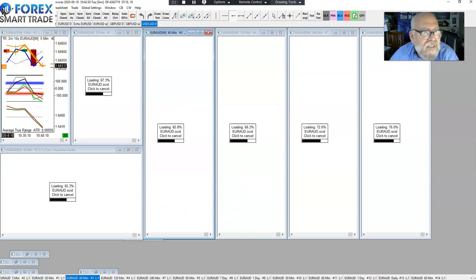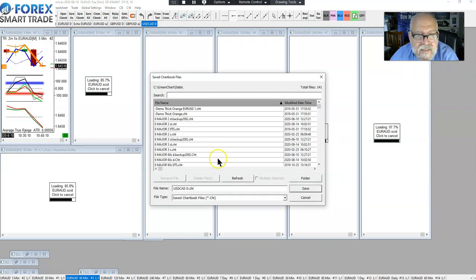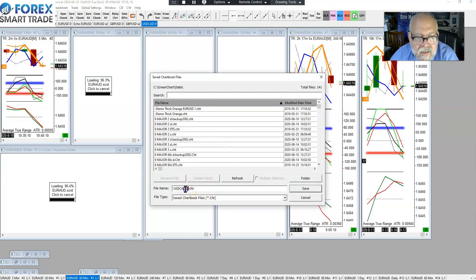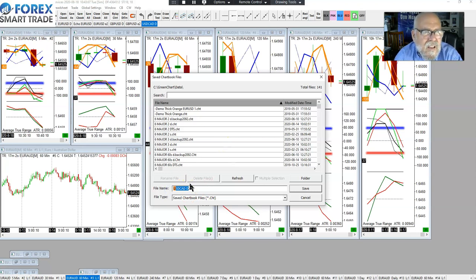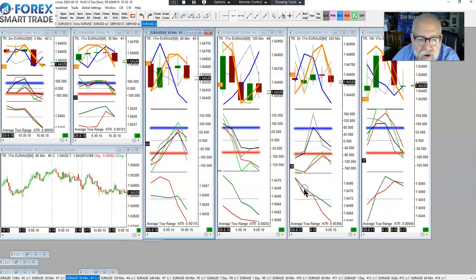And I'm going to save this, save as, Euro AUD, and I put the D in there so I know it's the daylight savings time chart.